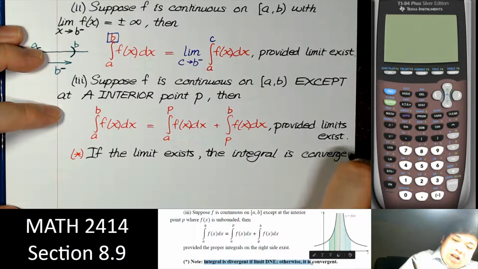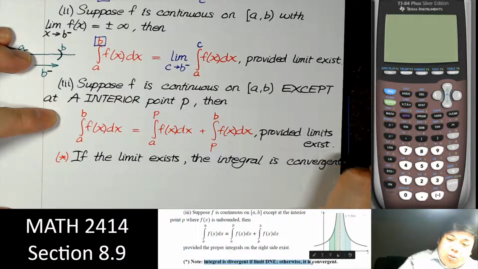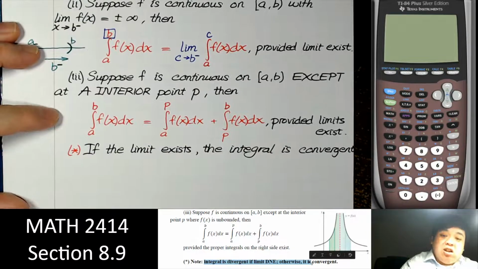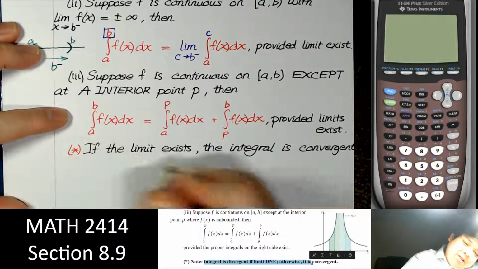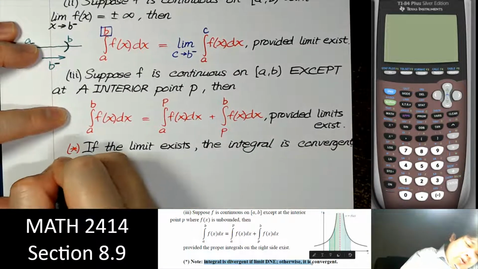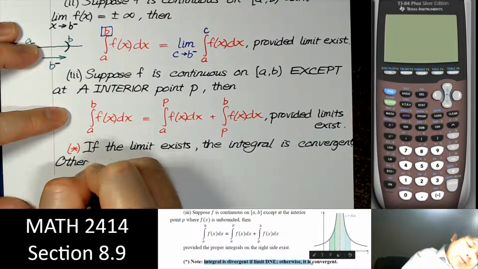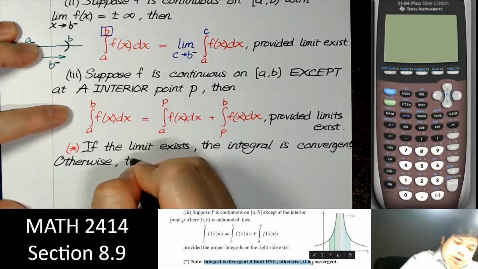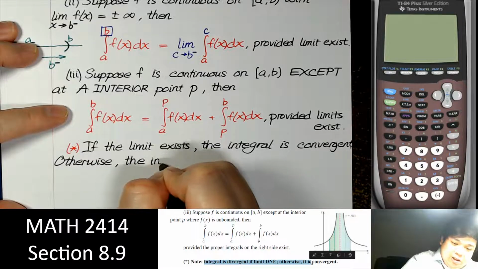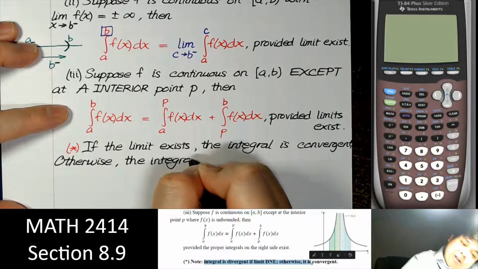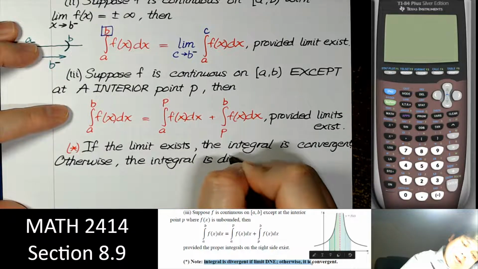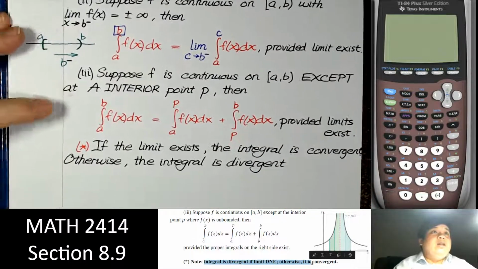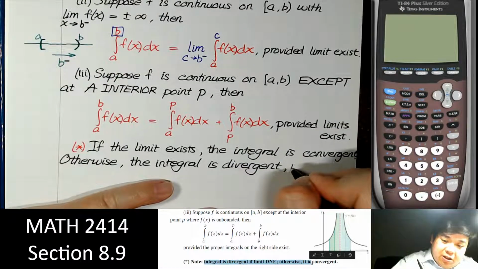By the way, in the next chapter, pretty much the whole chapter, we hear about this a lot more. Otherwise, the integral is divergent, divergent if the limit does not exist.